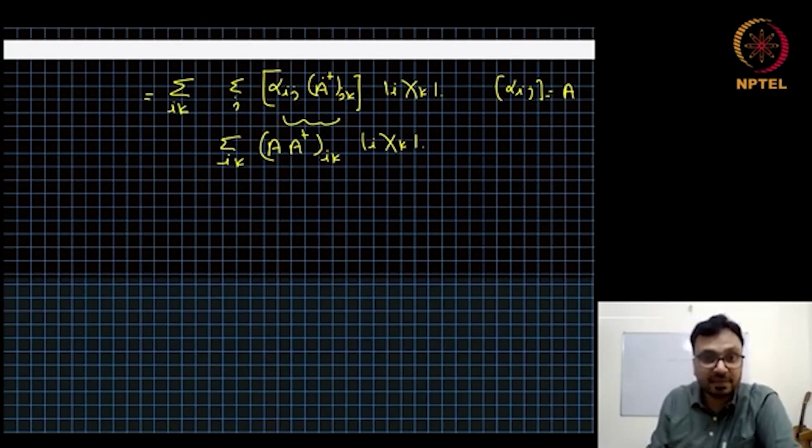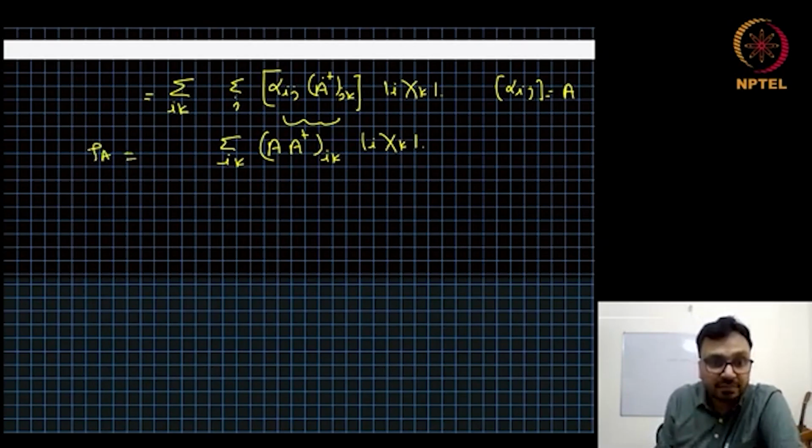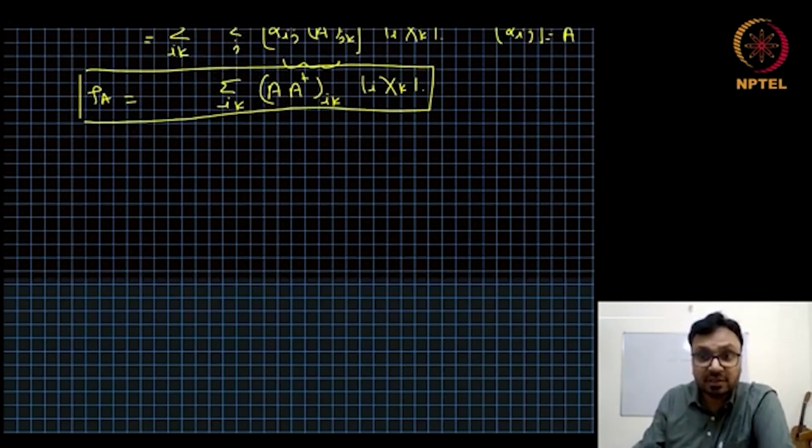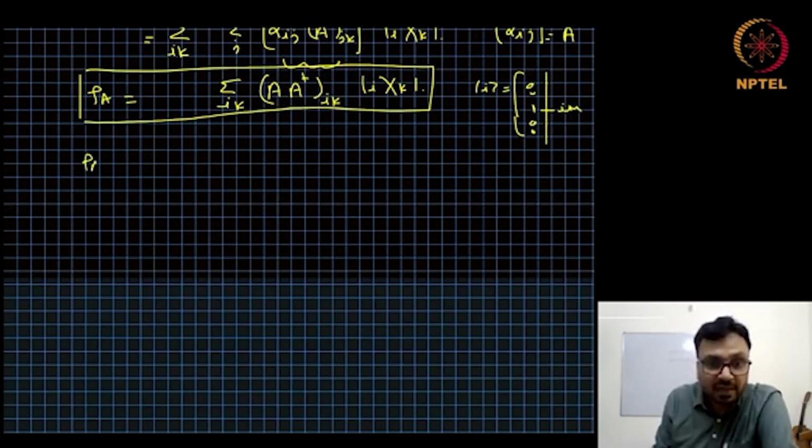So our rho A is given by this expression. Since i and k label the computational basis, with 1 at the ith place and 0 everywhere else, rho A is the same as A times A dagger when A is written in the computational basis.